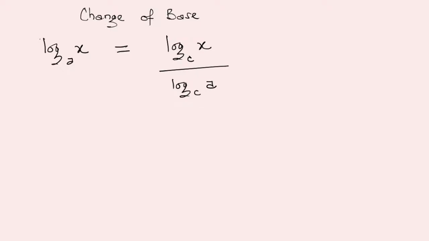So what we're doing in this case is we want to change from base a to any base c. We can do that by finding the log to the new base of x and dividing it by the log to the new base of a. So log to the base a of x is equal to log to any new base c of x divided by log to that new base c of a.